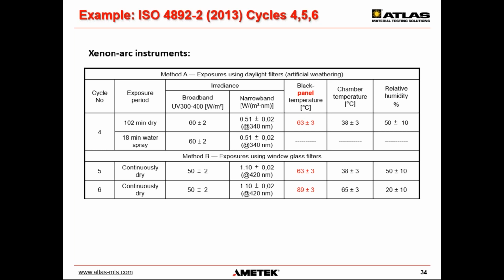Here we see cycles 4, 5, and 6, similar cycles for weathering, light fastness, and hot light fastness, but instead of black standard, we now have a black panel specification.